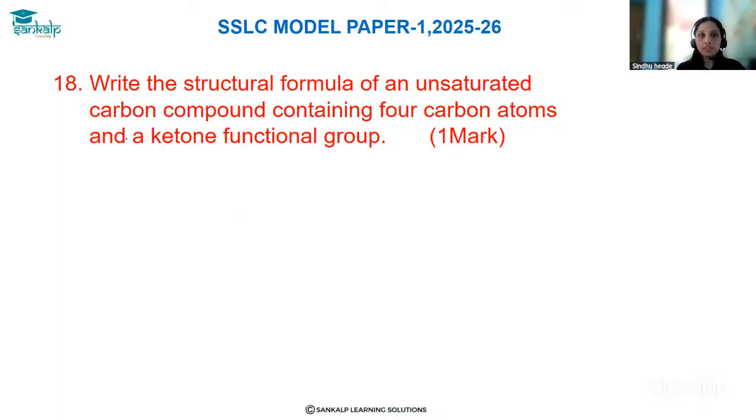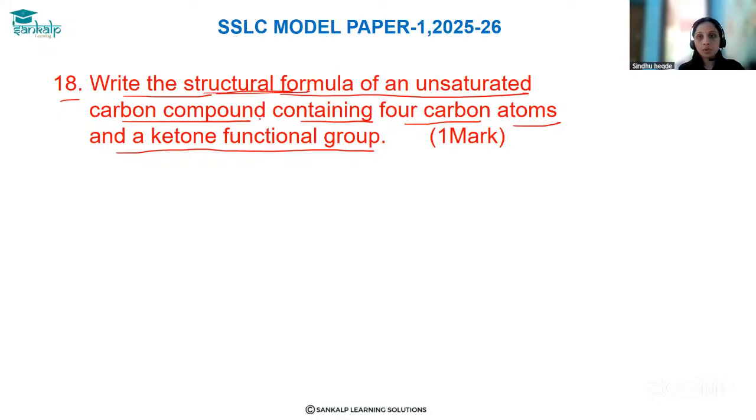Hello everyone. Let us see question number 18. Write the structural formula of an unsaturated carbon compound containing 4 carbon atoms and a ketone functional group. We know what saturated and unsaturated carbon compounds are, right?